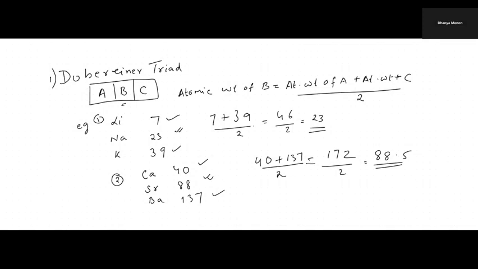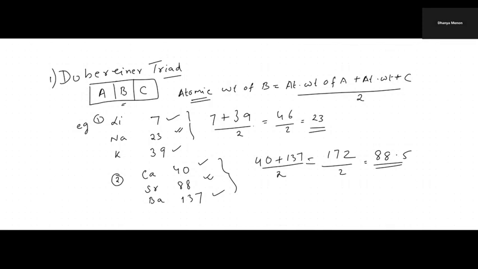Similarly, sodium had properties in between those of lithium and potassium. Because they were arranged in groups of 3, it is called the Dobereiner triad. This was the first time any scientist talked about atomic weight and arranged the elements according to atomic weight.